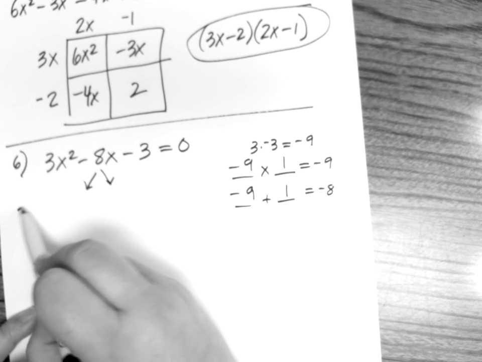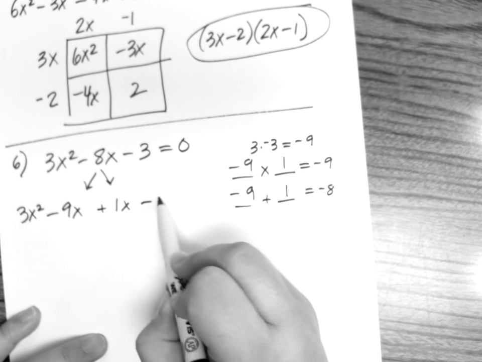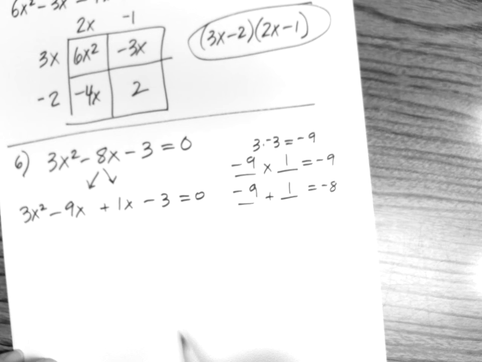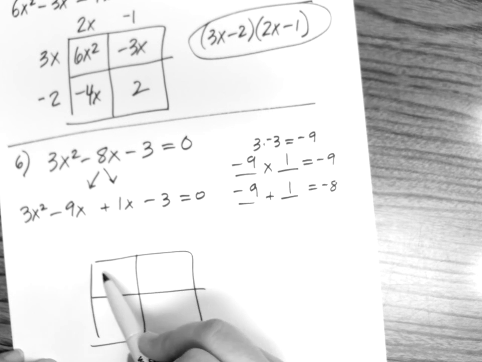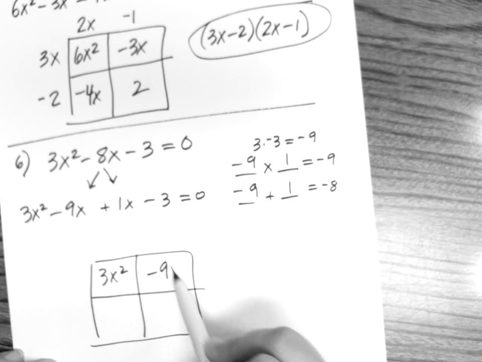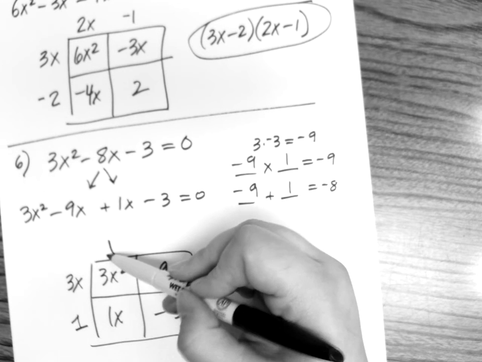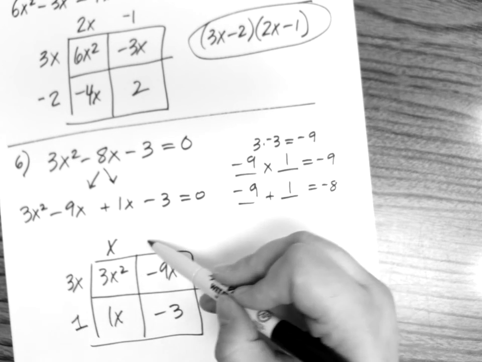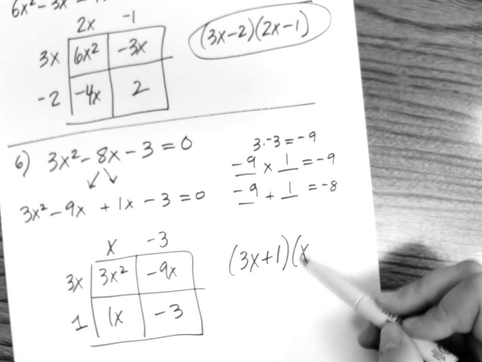So 3x squared minus 9x plus 1x minus 3 equals 0. Three x squared, negative 9x, 1x, negative 3. Biggest common factor that goes into these two is 3x. Biggest common factor here is 1. Biggest common factor here, x. Biggest common factor here, negative 3. So my answer is 3x plus 1, x minus 3.